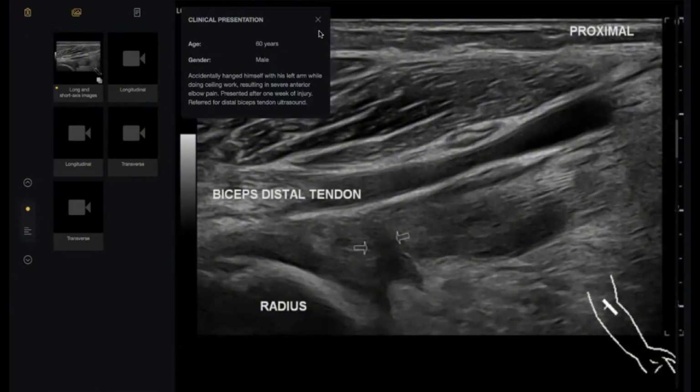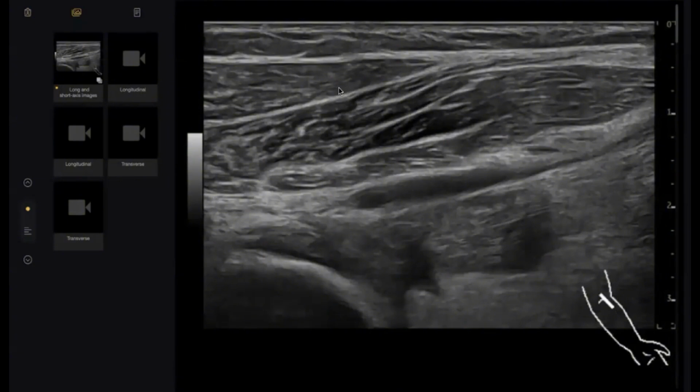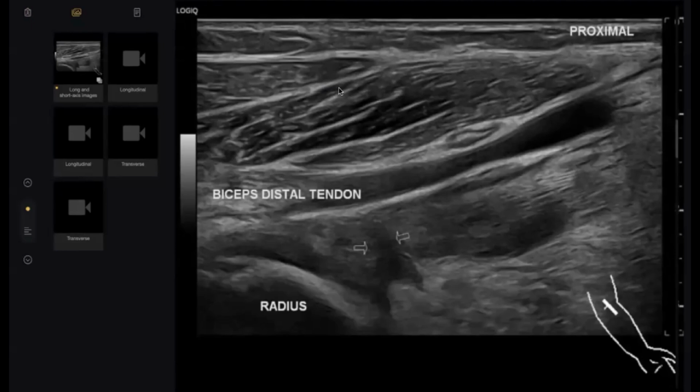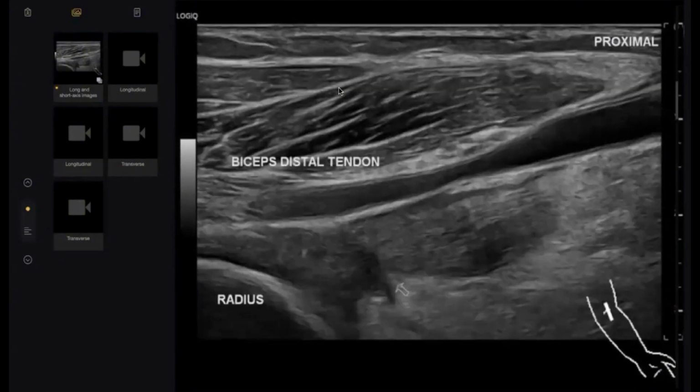Doctor, this is a 60-year-old male patient with elbow pain, severe elbow pain. This is the grayscale ultrasound image taken through the elbow joint, in which I can appreciate there is a retraction of biceps tendon superiorly towards the shoulder joint, and it is occupied by fluid containing structure, and the rest of the muscles appear normal.